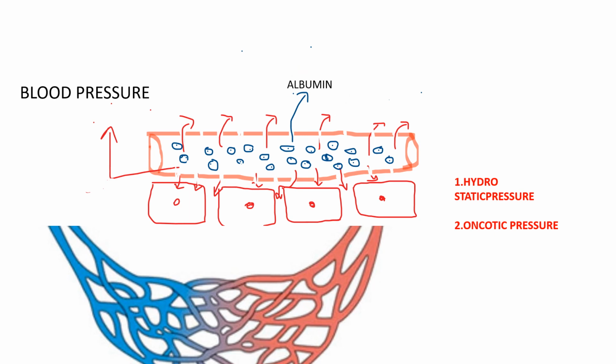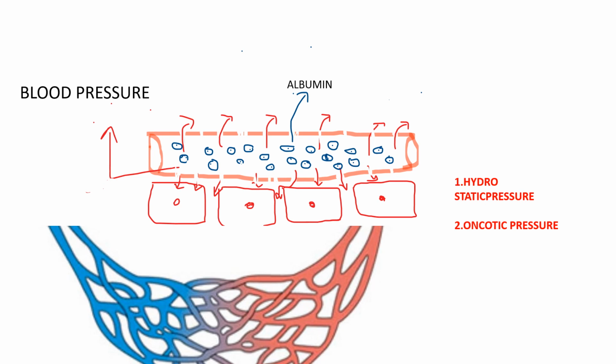The third reason for edema is in case of burns and also crush injury, where the endothelial cells of the capillaries get damaged. The damage means the space. I told you there are pores or fenestrations. The size of these fenestrations increases. So if it increases, what happens?